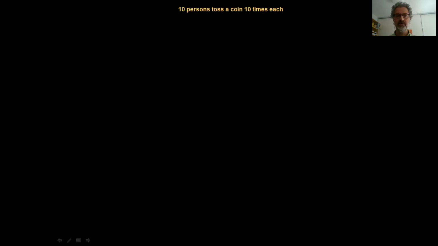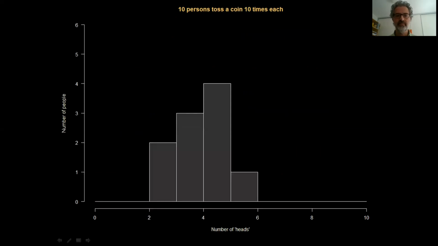So let's start with not very many people, so just 10 people. That's a small simulated class, and each person flips the coin 10 times. So this is one simulated experiment.